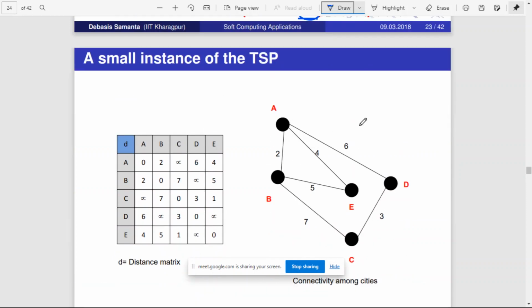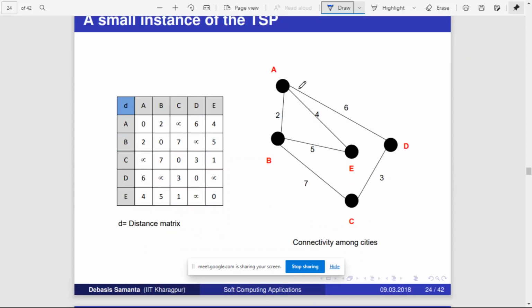So here is an example. Generally, traveling salesman problems are represented through a graph. So here is a graph. In this graph, these vertices represent cities. So A is a city, B is a city, C is a city, D is a city, E is a city. So here the problem includes how many cities?